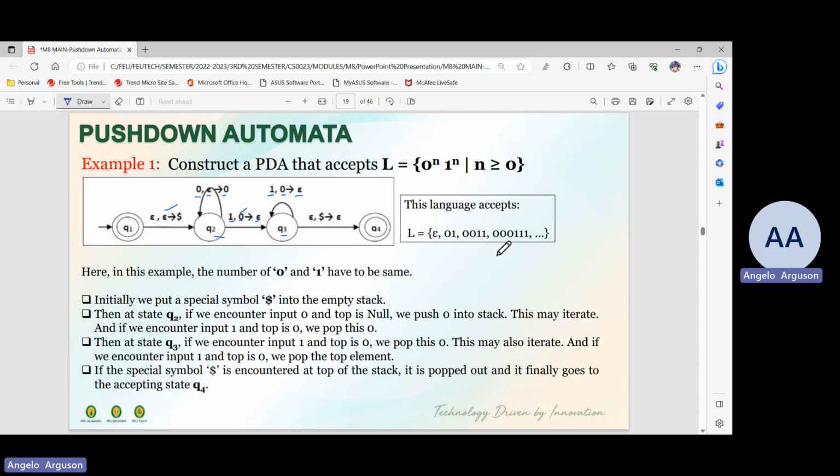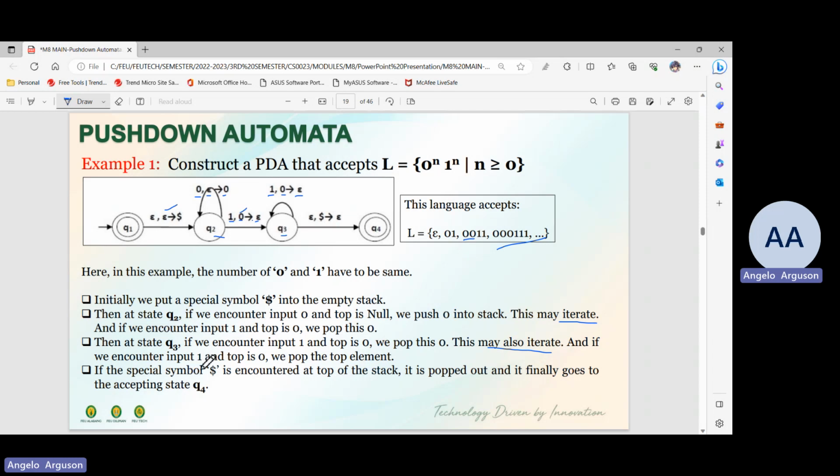Again, these are acceptable languages. If we have a 1, it might be repeated as another 1. If it's a 0 and another 0, we may encounter a repeated 0. That's why I am having those mentions in this lesson. So this may iterate for both zeros and ones.